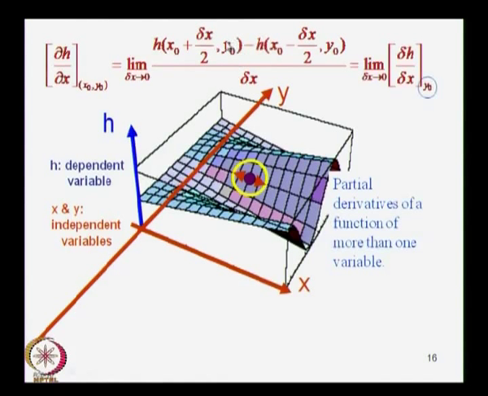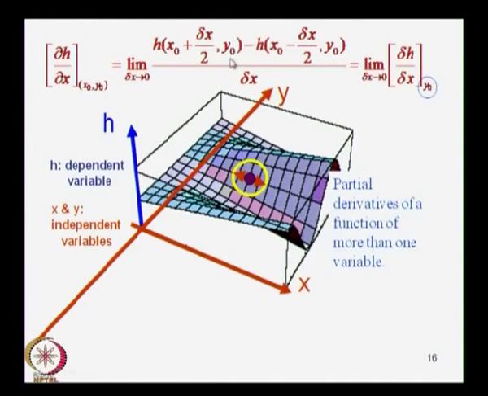So, you take some point x equal to x0 and y equal to y0 and take displacements around this point along the x axis. This point is at x0 plus delta x by 2 and this is x0 minus delta x by 2. Take this ratio and seek its limit as delta x goes to 0, you get the partial derivative of h with respect to x when y is held constant at y0. So, the other variables must remain constant.